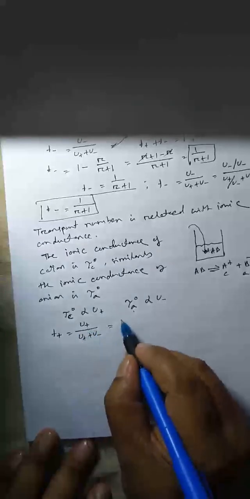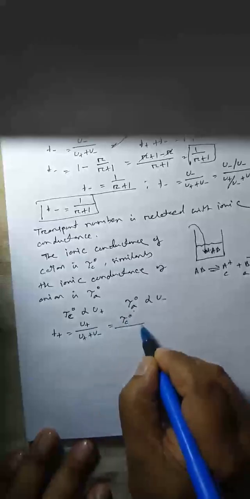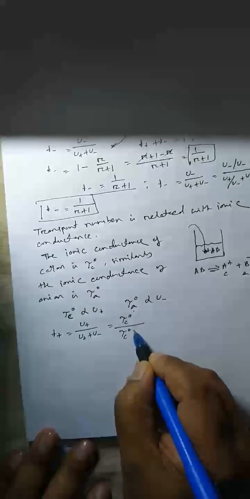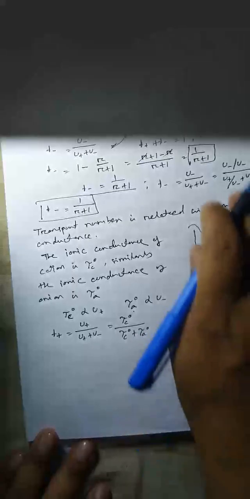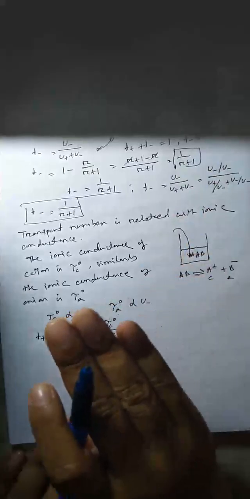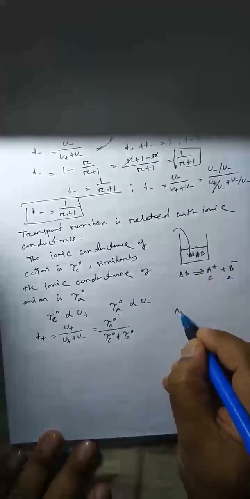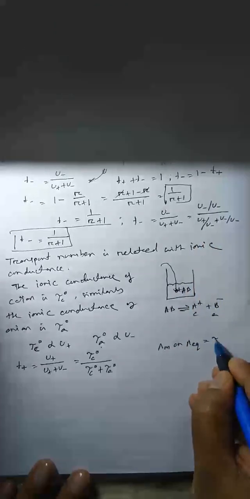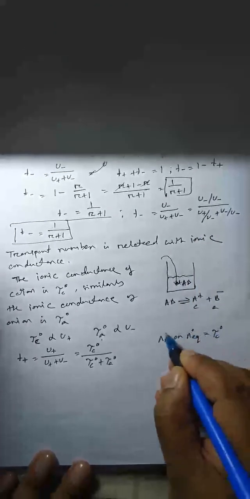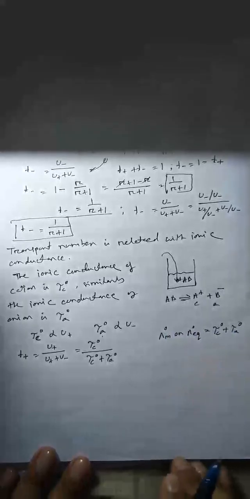In place of u plus you can write lambda C naught divided by lambda C naught plus lambda A naught. We know that when the solution is completely ionized, the molar conductance or equivalent conductance is equal to the sum of the ionic conductances of the cation and anion at infinite dilution.